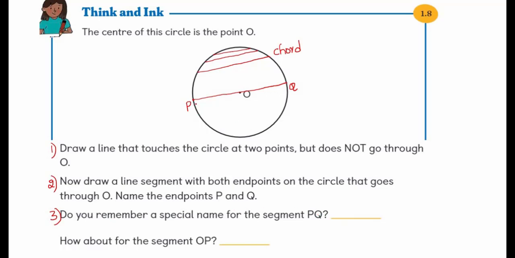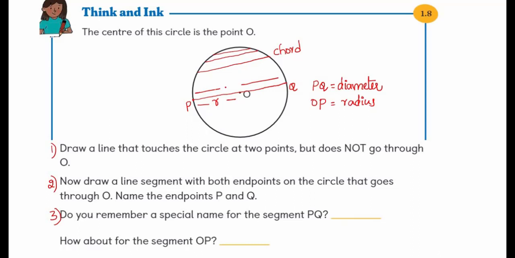Yes, as we discussed earlier, PQ is called diameter. How about the segment OP? Yes, radius. OP is called radius.